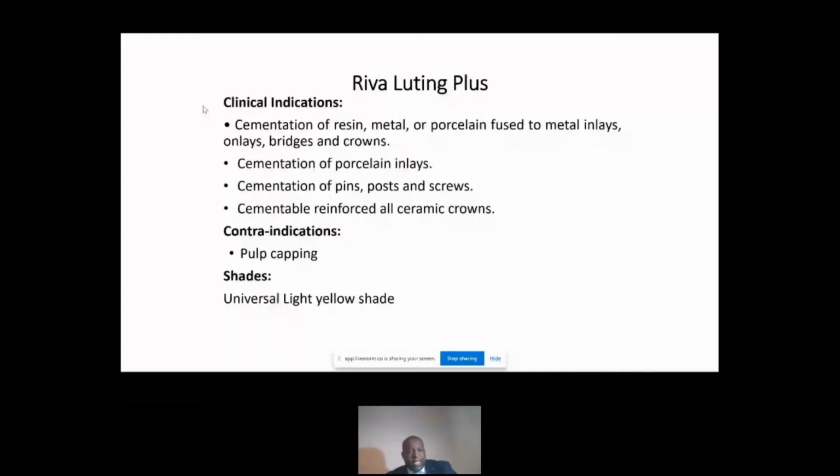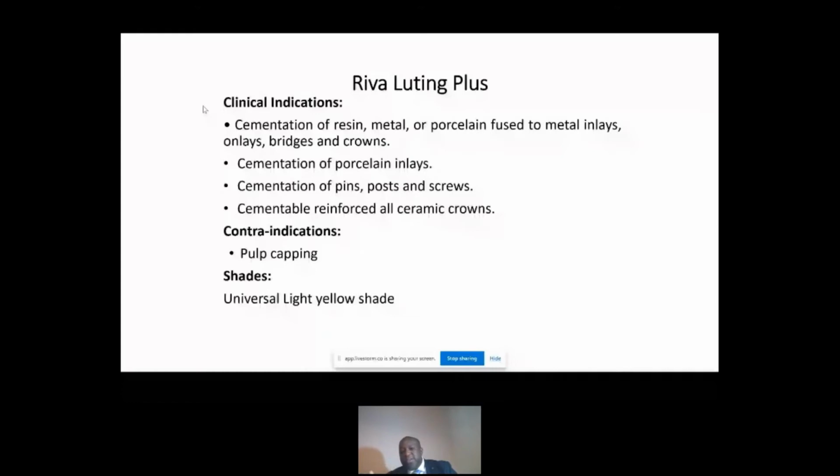So what are some of the indications of Revoluting Plus? Well, it can be used in a wide range of restorations: resin, metal, porcelain fused, inlays, onlays, bridges, and also crowns. It can also be used for the cementation of pins, post and cores, and reinforced ceramic crowns.